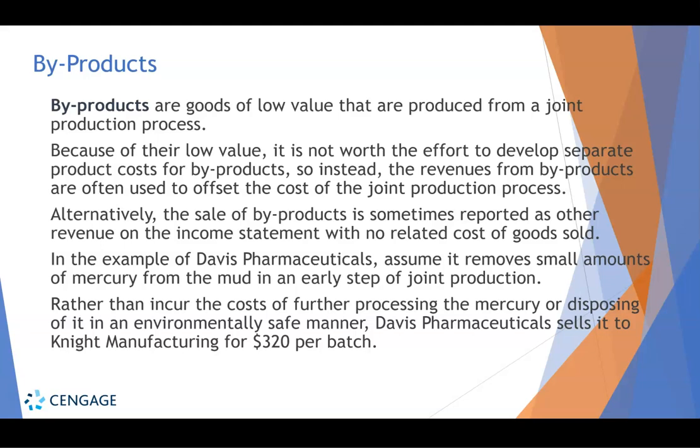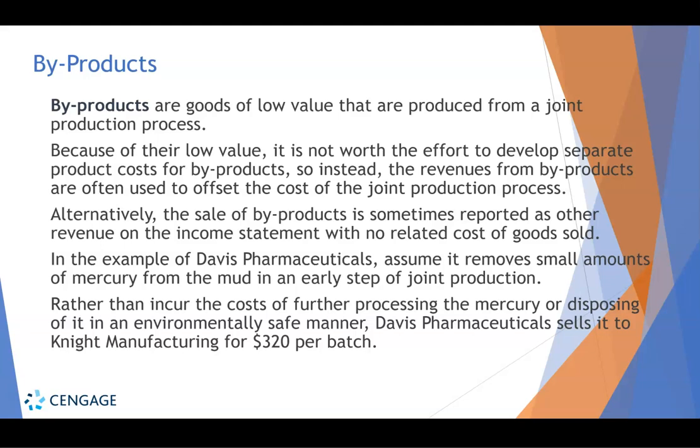Davis Pharmaceuticals subtracts the $320 of mercury revenues from the joint production overhead costs for each batch to arrive at the net overhead to be allocated to its 3 main product lines.